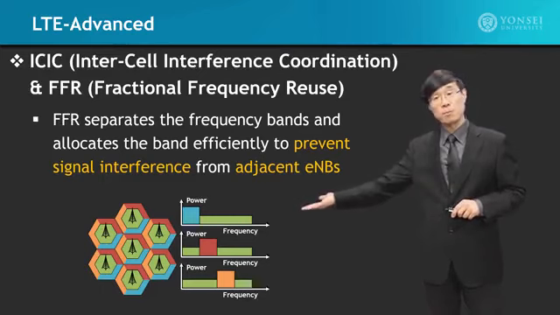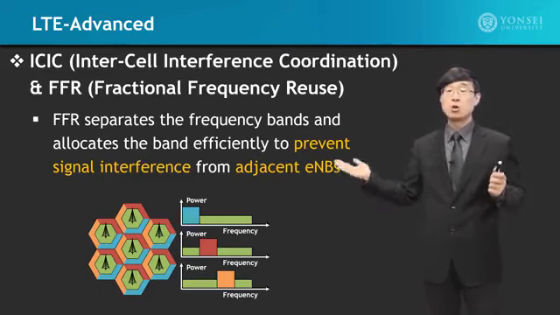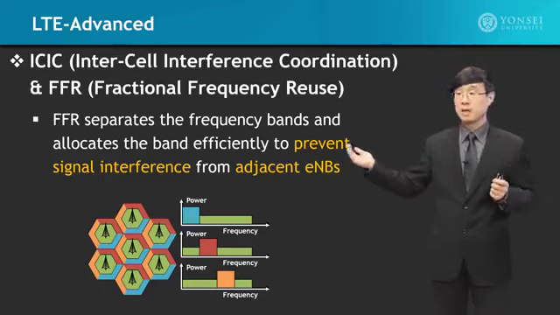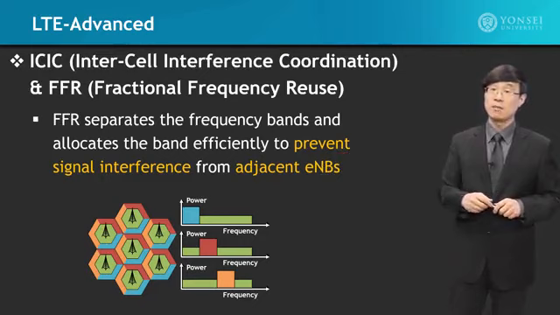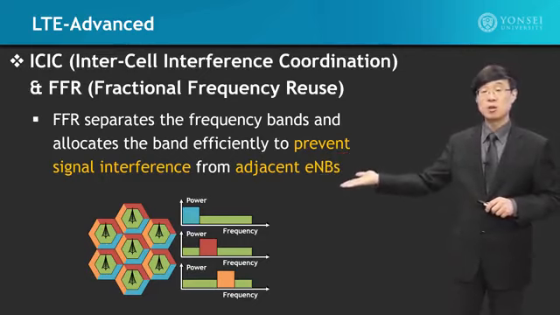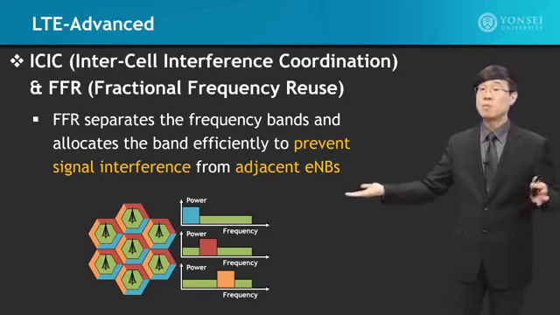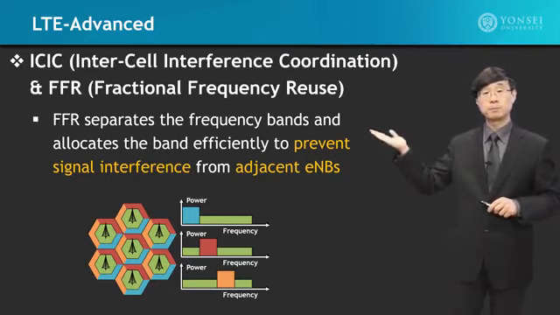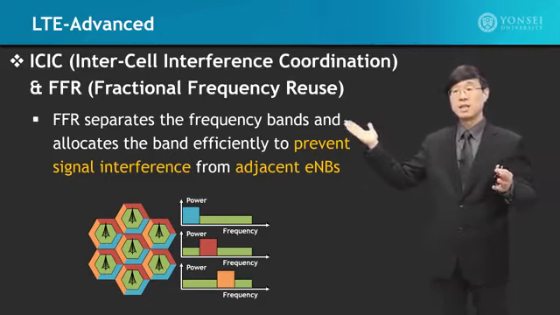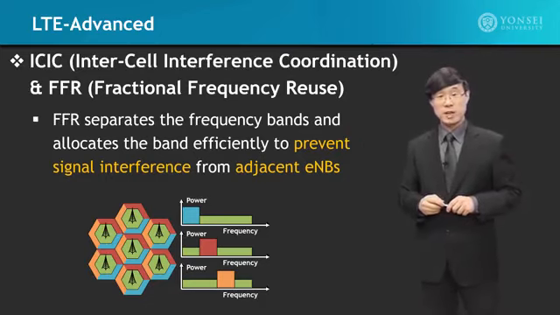They're located in different positions, meaning that you're using strong signals because the blue, red, and orange are all stronger than the green level. But in addition, they are located at different frequencies, so they do not interfere with each other. That is what we mean by FFR. And putting this together is intercell interference coordination.